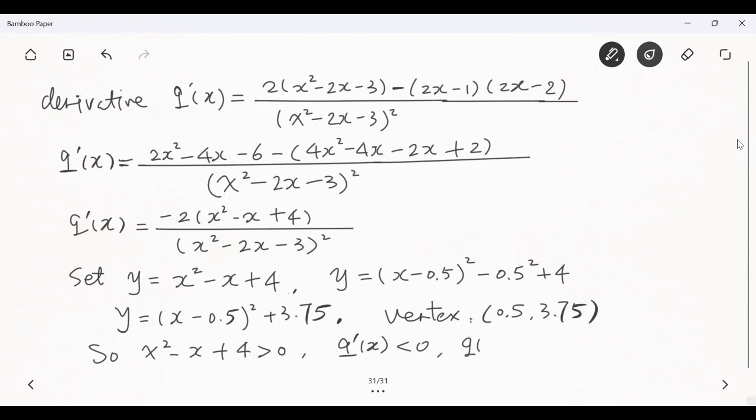Then the original function is always decreasing, right? Decreasing for all x, except the VAs, x equals negative 1 and x equals 3, right?